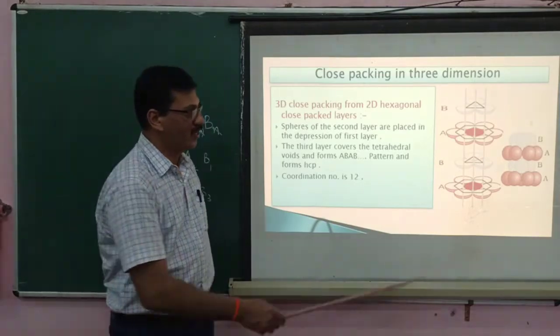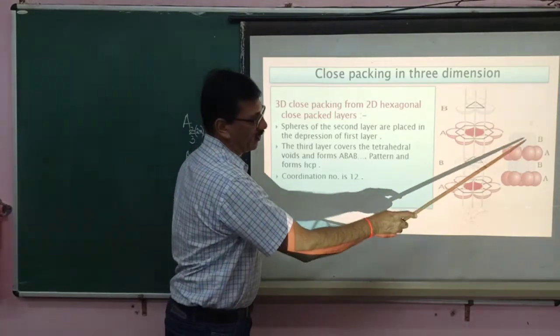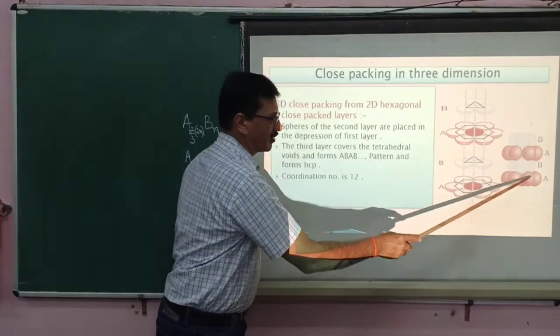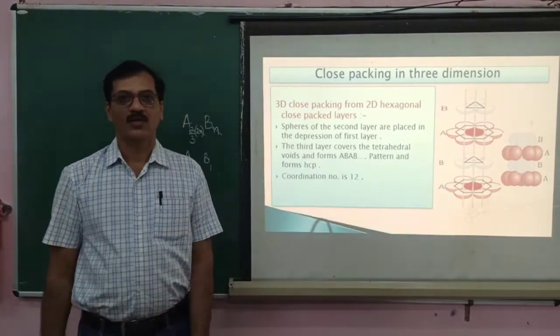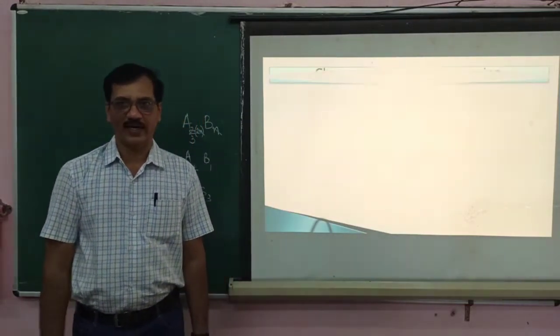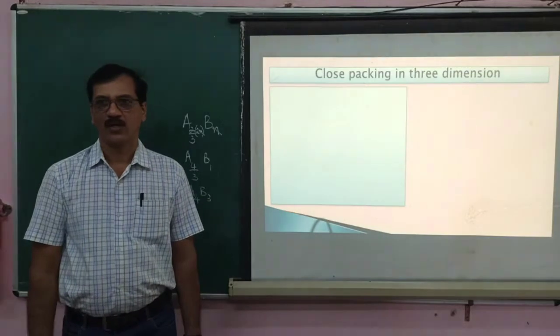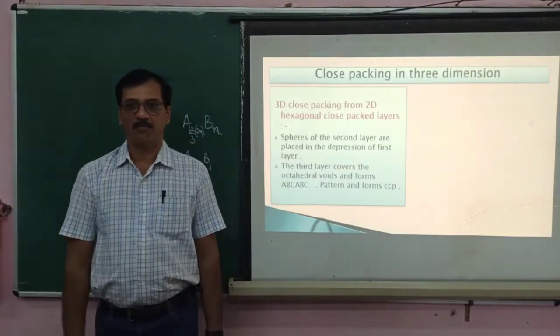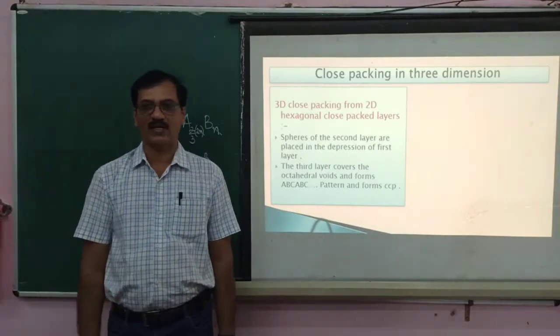Hexagonal close packing. This will be the pattern of a unit cell. Here is a pattern of a unit cell, and this is the hexagonal close packed structure, and the unit cell will have hexagonal geometry. Now there is one more arrangement possible in a 3D packing by using 2D hexagonal close packed layer.